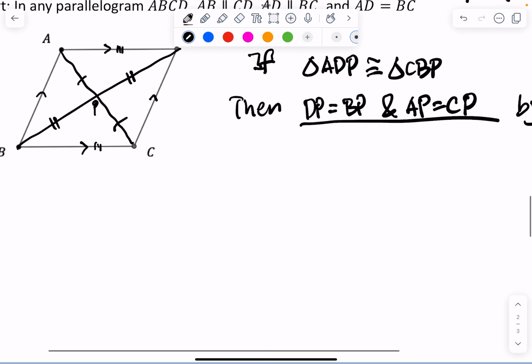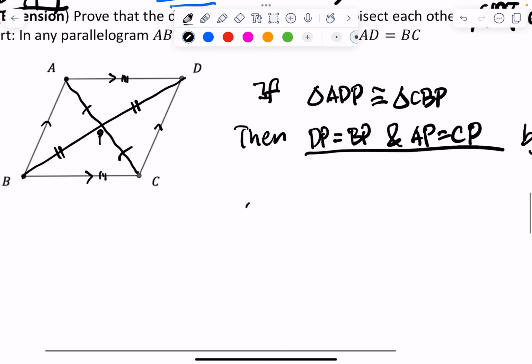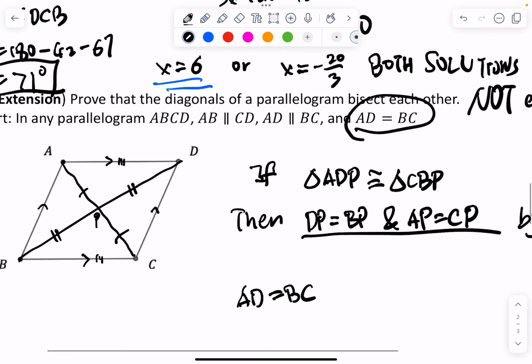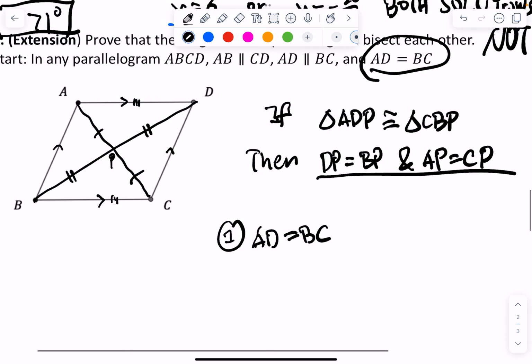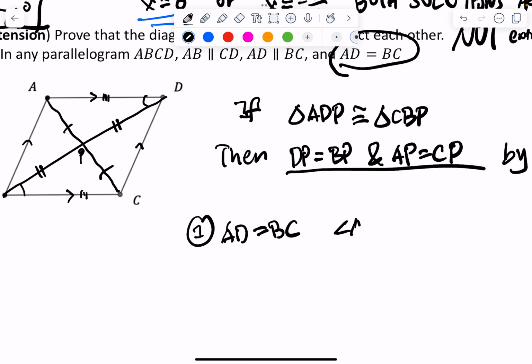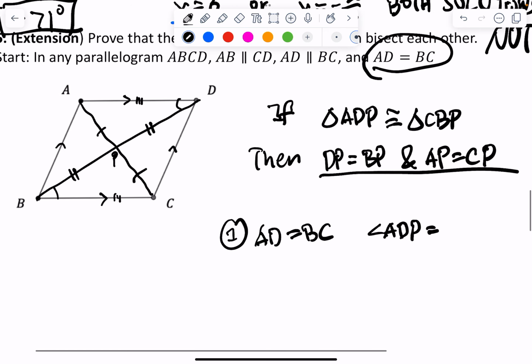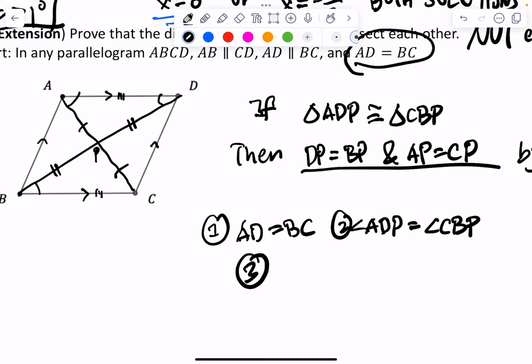Alright. So how would we prove this? We already had that AD is equal to BC as given. What else do we have? Because these are parallel, this angle is equal to that angle. Angle ADP is equal to angle CBP. And the other angle is also equal. So this angle is equal to that angle.